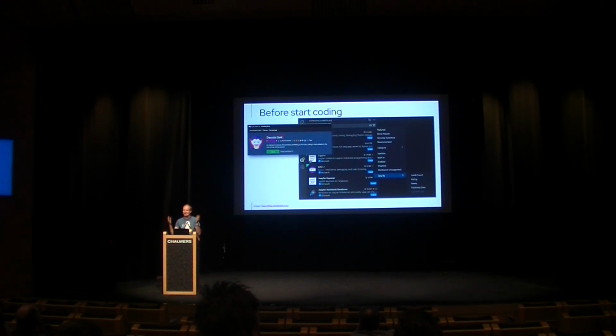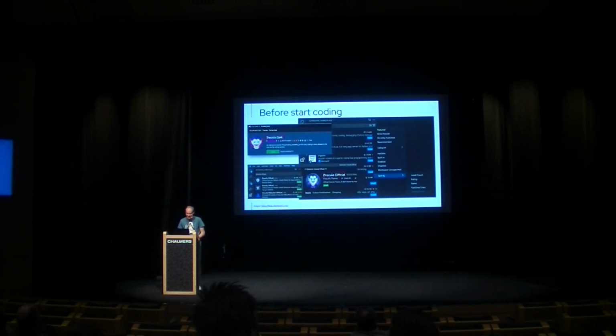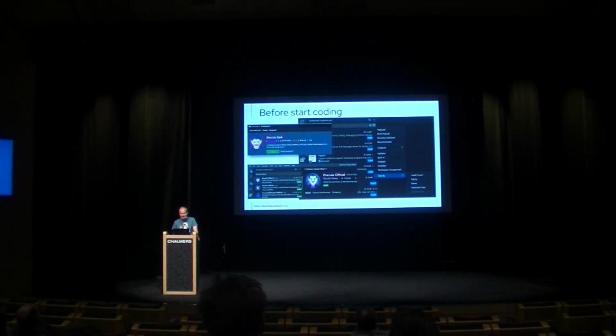One of the beauties of all of these IDEs, Cursor and VS Code, is that we can download some great plugins, and one of them was the Dracula plugin. If you're attentive enough, you can spot what's wrong here, because it was actually Dracula, not Dracula, and again, typosquatting is a very popular attack.